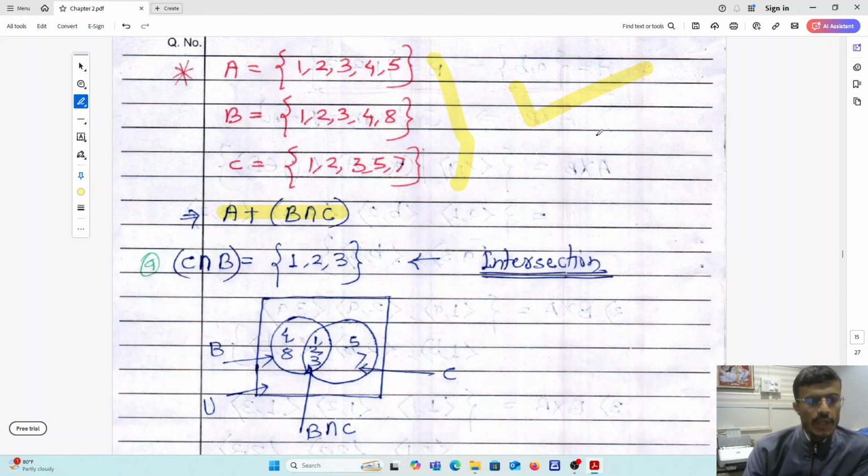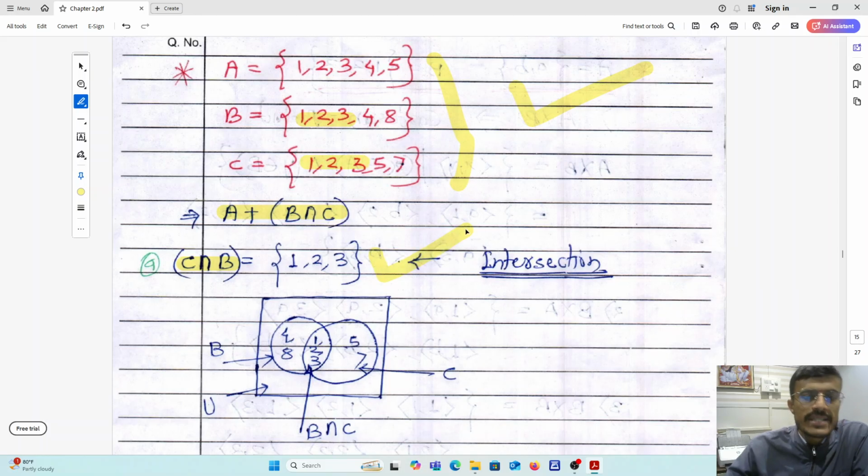So as per the order of operations, we first find B intersection C. You have to take the common elements between B and C. So 1, 2, 3 is common over here.